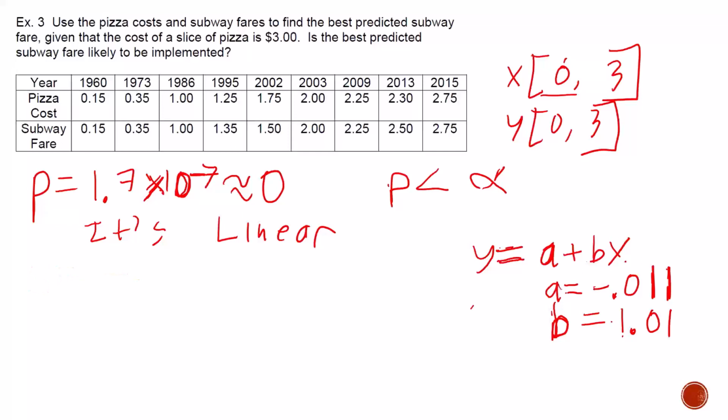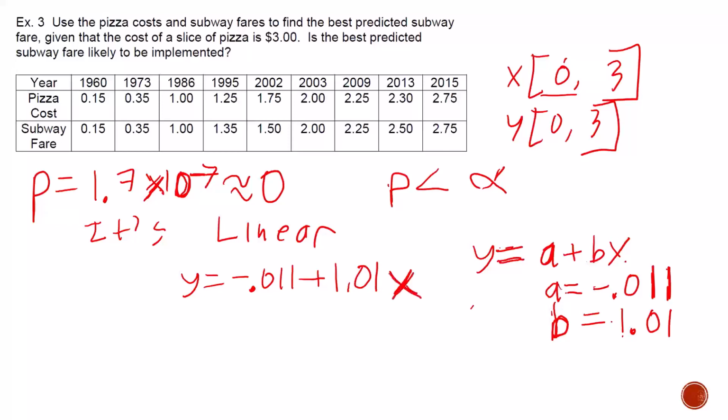Does everyone see that I just pulled those values off my calculator? Does everyone understand how I got A and B? So A is my y-intercept. It's just doing it in a slightly different order, right? MX plus B is the same thing as B plus MX, right? No one's confused by that. Okay. So this is the equation that says it's the line of best fit.